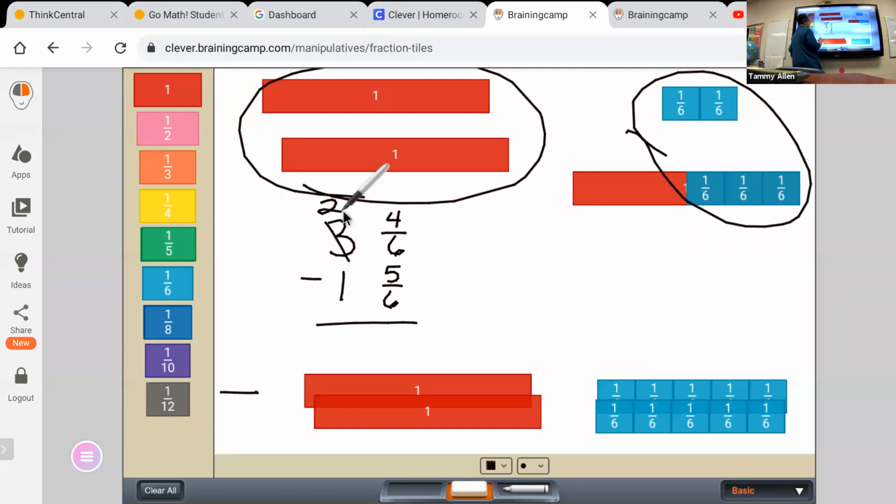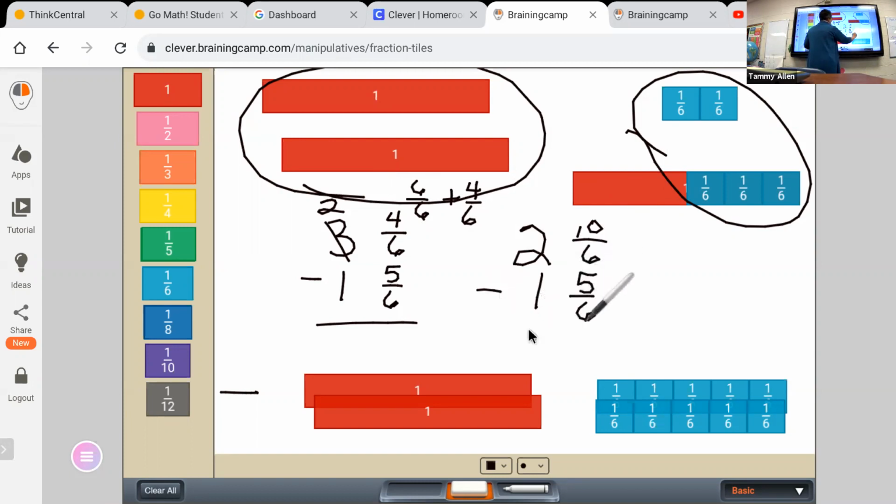That became 2 whole amounts. We traded it in for 6/6. We added it to the 4/6 we already had, which gave us over here 2 and 10/6 minus 1 and 5/6.